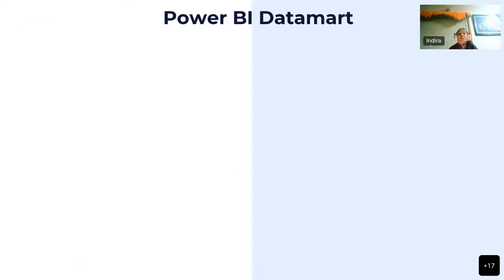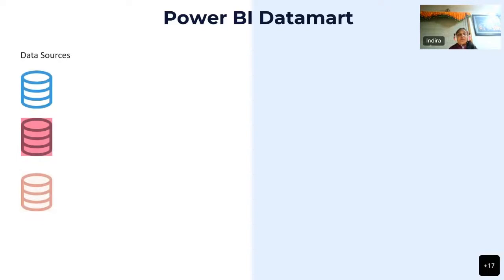So let's look briefly at the structure of the data mart, how it will look. You have your data sources, and from the data sources you create some data flows.